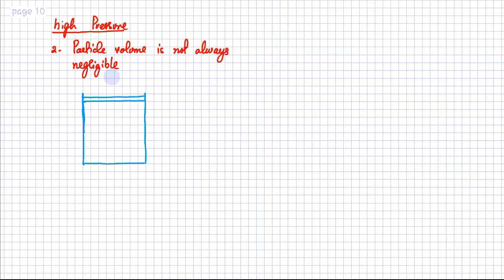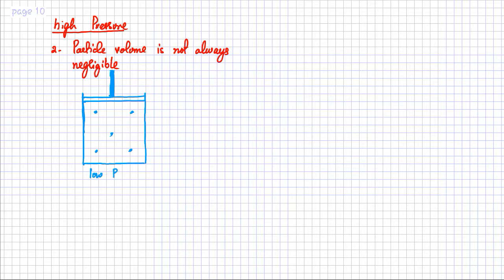So this here is my movable piston, and they are gas particles. So the gas particles are at low pressure right now. This is the low pressure situation.